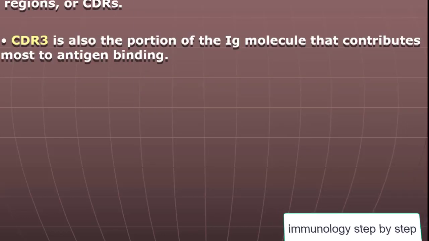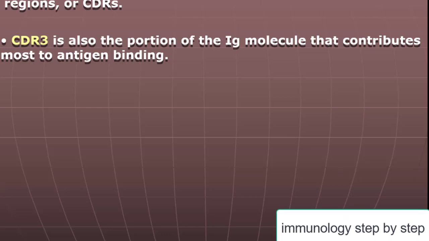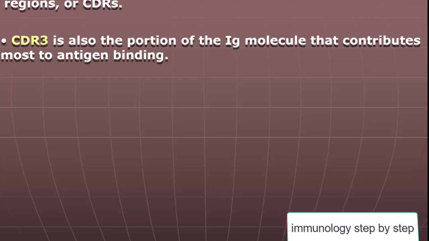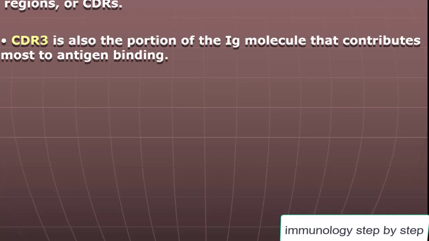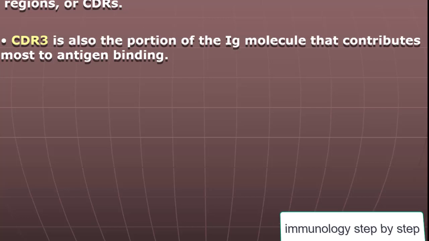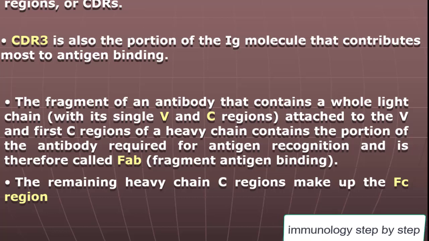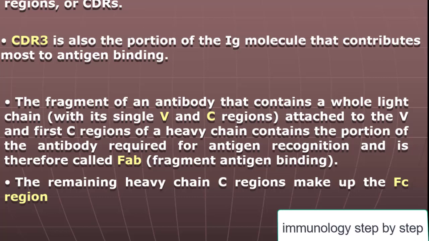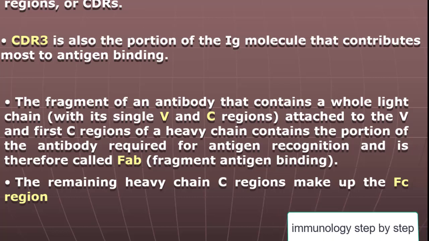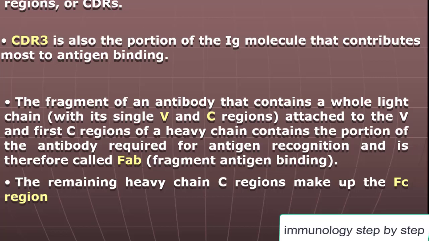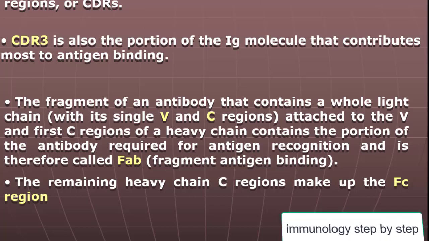Each variable region of the heavy chain, called VH, or of the light chain, called VL, contains 3 hypervariable regions, or CDRs. CDR3 is also the portion of the Ig molecule that contributes most to antigen binding. The fragment of the antibody that contains a whole light chain with its single V and C region attached to the V and the first C region of the heavy chain contains the portion of the antibody required for antigen recognition and is therefore called Fab, fragment antigen binding.